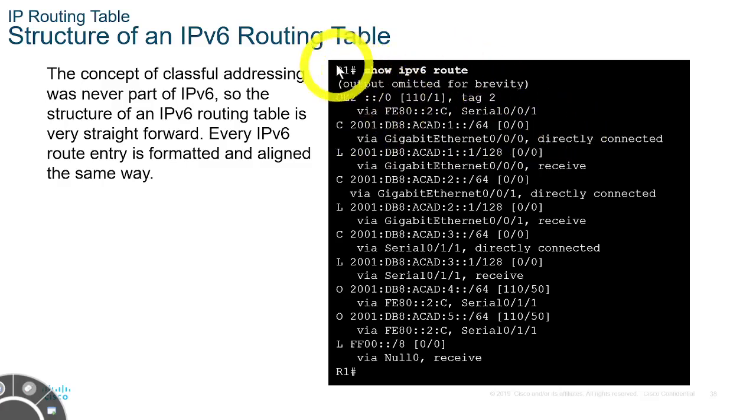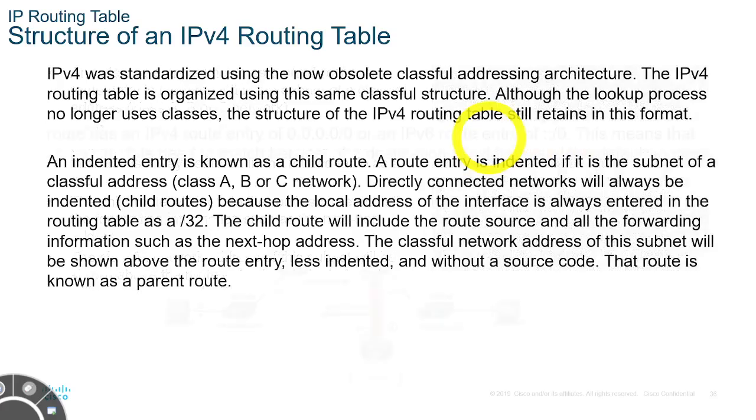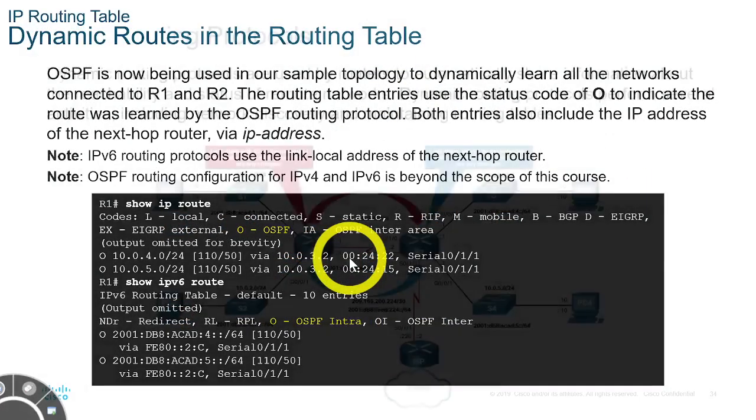Okay, we are in R1. This is the default route. This is the cost via FE80 serial 0/0/1. Where's it? Serial 0/0/1. It's not clear.